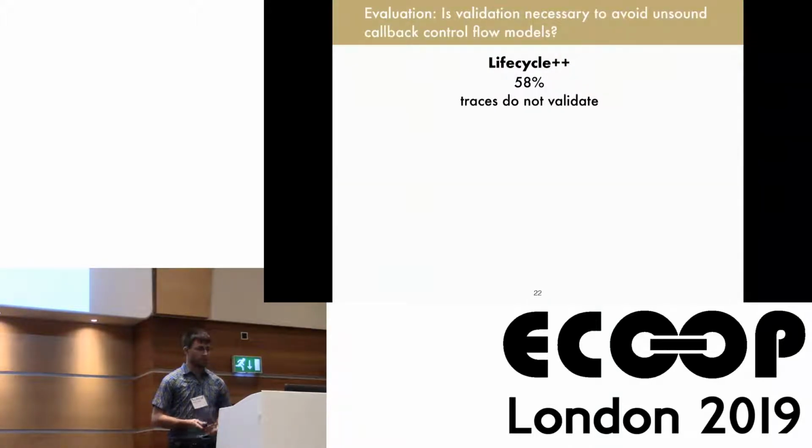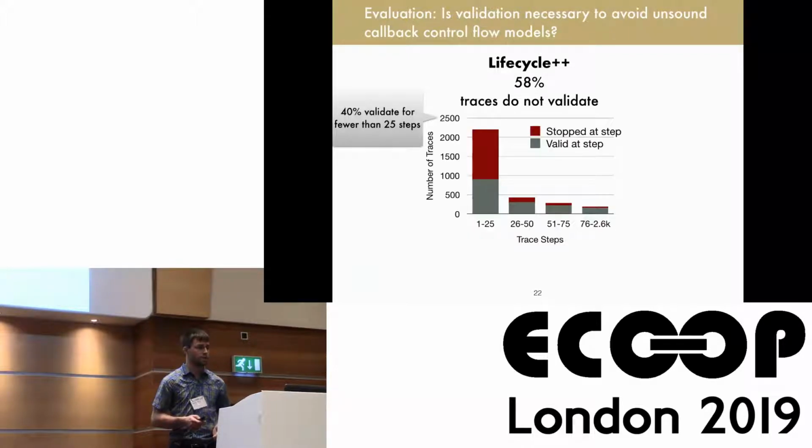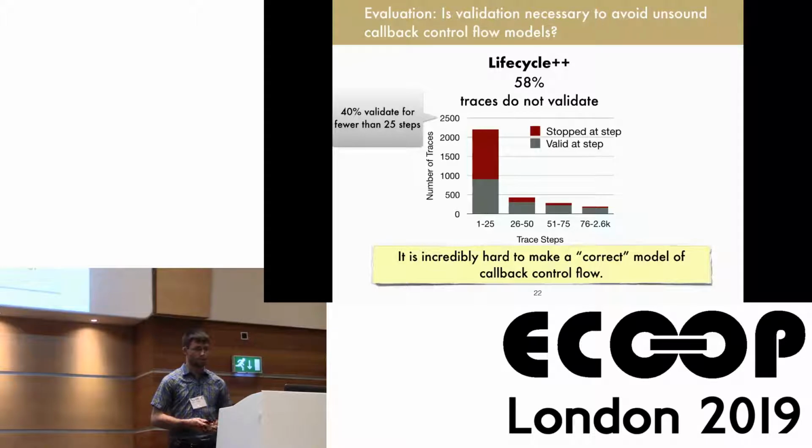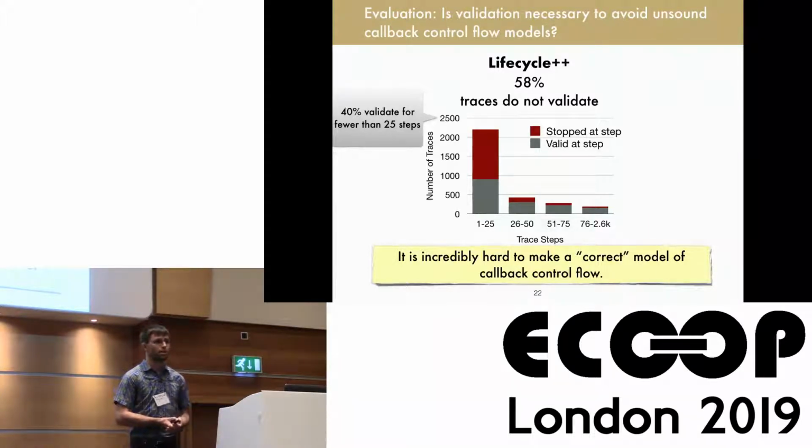What we found was that the lifecycle doesn't validate on 58% of the traces. The other surprising finding is that the vast majority of these are blocked within the first 25 steps of the trace. So we find that it's incredibly hard to make a correct model of the Android framework without some kind of automated check like this.